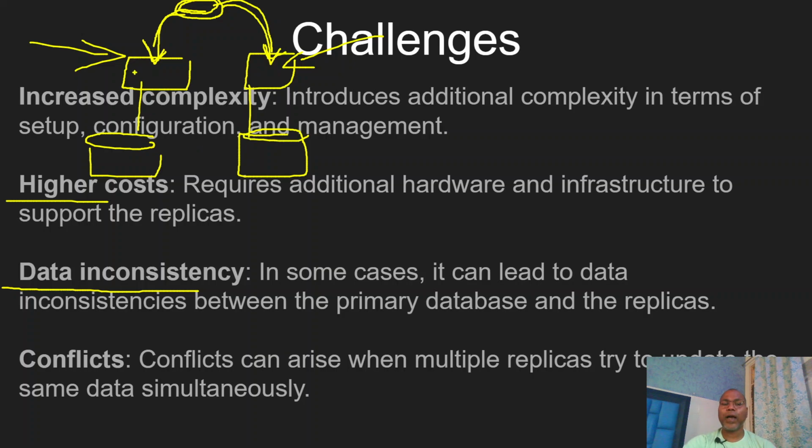So what happens when I change something here, and it is quickly updated there? With replication factor copies, chances of data inconsistency become high.